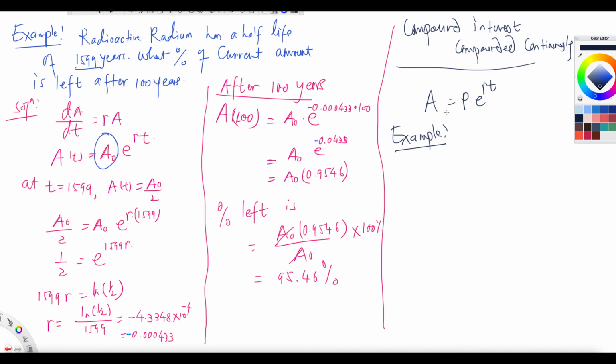So the example is, let's say $4,000 is invested with a rate of 6% per year. Find the doubling time.